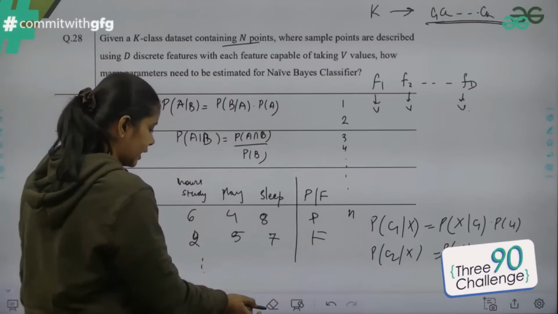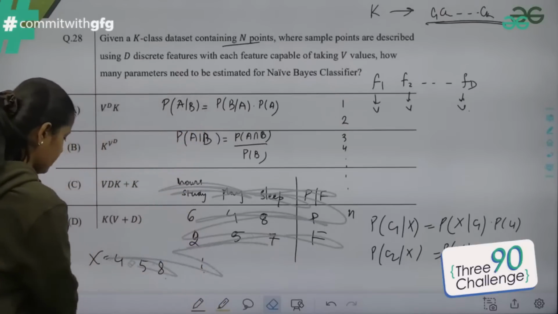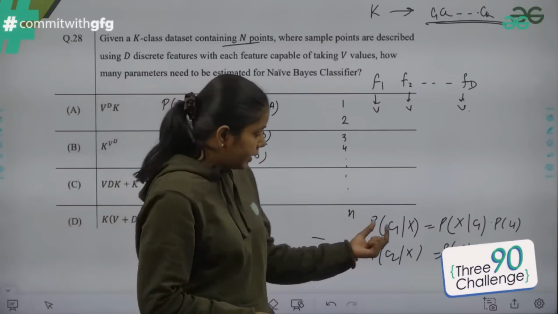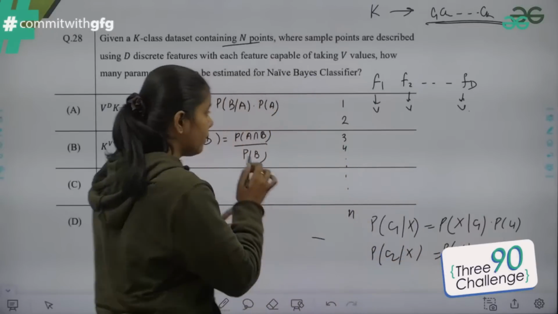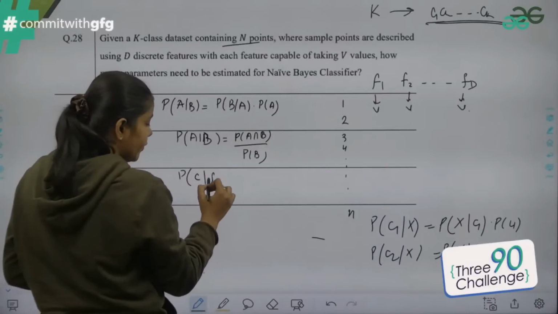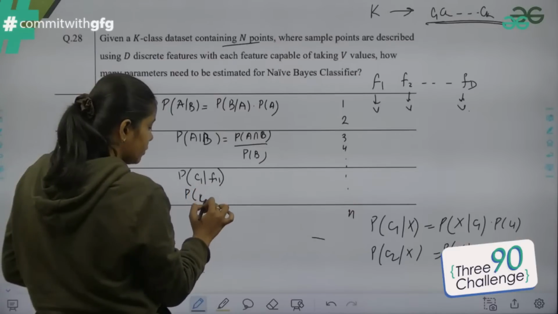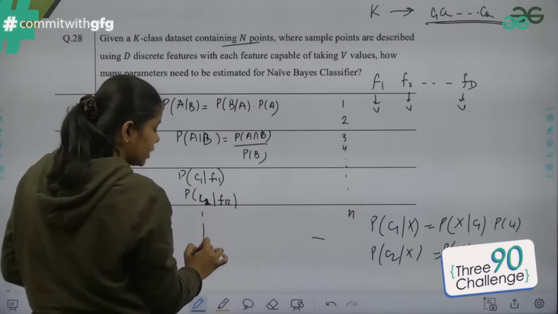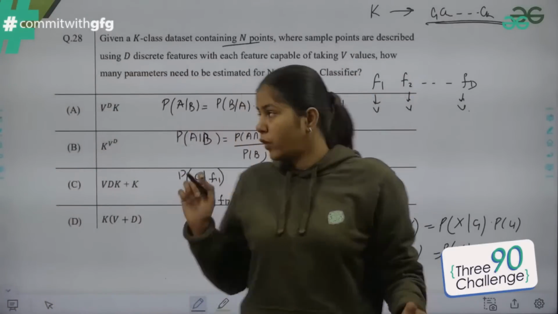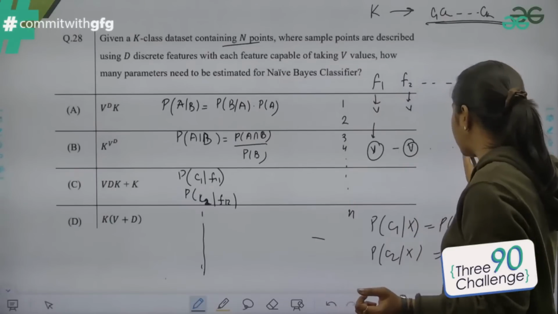Okay, now let's get back to our question. I told you that with each feature, I have to find the probability of C1 given X. So I have F1, F2, up to Fd features. So for F1, I have to find the probability of C given F1 value 1, C given F1 value 2, up to F1 value V. I have to find all these probabilities. Similarly for each of the other features, I have to find V probabilities.